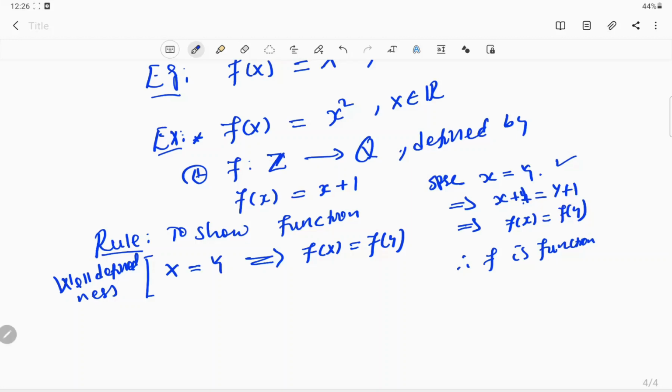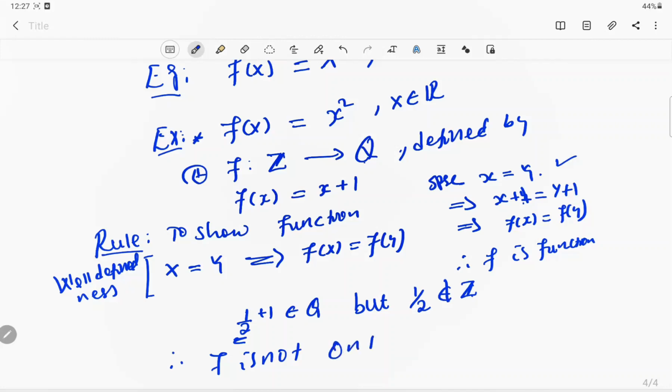Now to see if it's onto, let's take any arbitrary element, for example, half plus 1. This is an element of Q. But as you see here, half is not a member of Z. Therefore, we say this f is not onto.